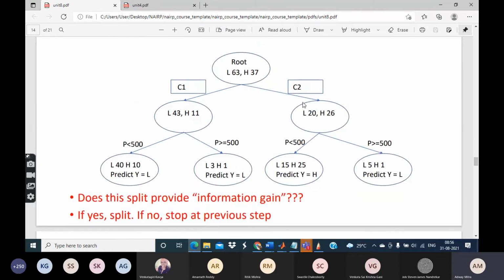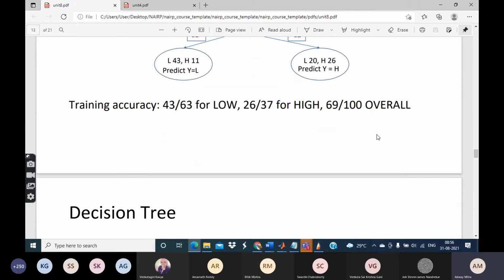But in this case, how many am I correctly classifying out of these 46? These 25 I have correctly classified, and these 5 I have correctly classified. So 30 are correctly classified, and 43 on this side. Overall I get a classification accuracy of 73%, which is higher than the 69% I had earlier.